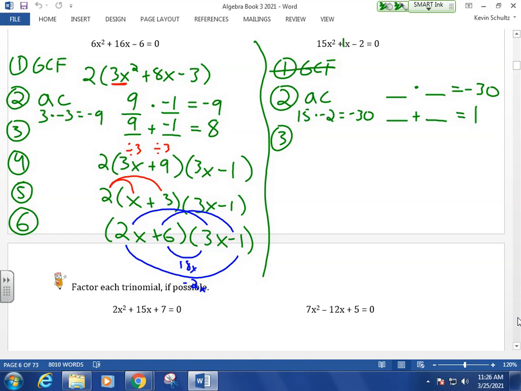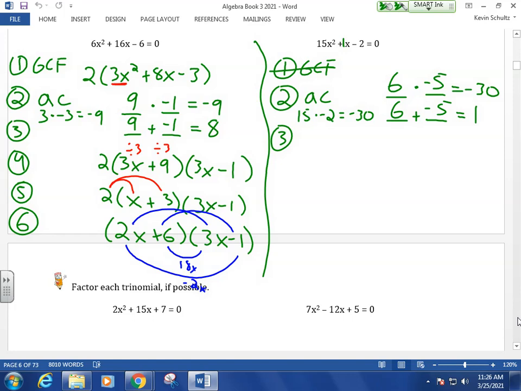That middle term, which there's no number written, means it's a 1. What's our combination here? Factors of 30 that add or subtract to be positive 1. Positive 6, -5. 6 plus -5 equals 1.